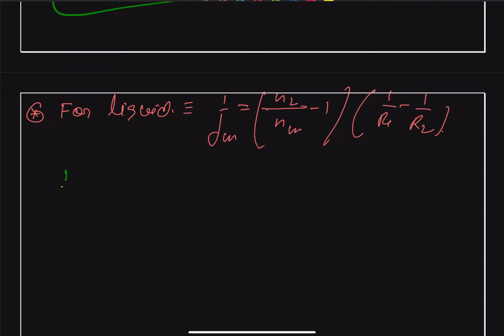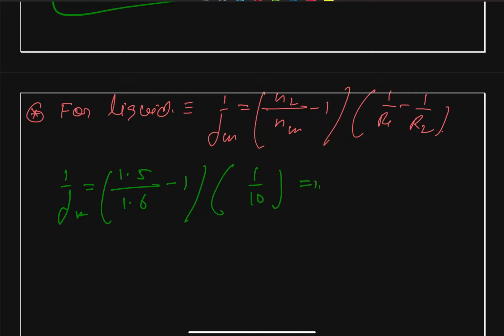So we get 1 upon Fm is equal to (1.5 divided by 1.6 minus 1), and we just found that 1 upon R1 minus 1 upon R2 is 1 upon 10.